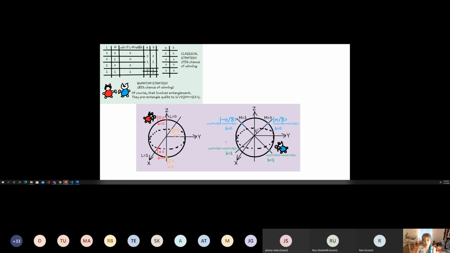So they agree. If the referee gives m equal to 0, then Bob would measure along this pi over 8 basis. But if the referee gives m equal to 1, he will measure along this one instead. The interesting thing is that you can write out the exact state based on the angle.